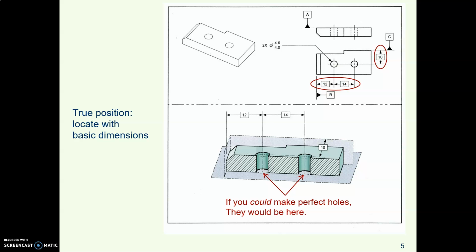They don't have tolerances, they are exact, and they're theoretical. So they locate the true position of those hole axes. If you could make perfect holes, this is where they would be. Now you cannot make perfect holes, and that's why we need a tolerance, but if a miracle happened and you could make perfect parts, these locate the theoretically exact true position of those hole center lines.